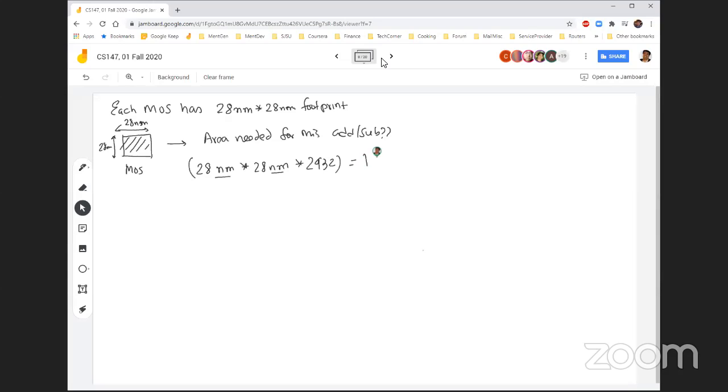It is exactly 1,906,688 nanometer square. If we turn it to micrometer square, it is approximately 1.9 micrometer square.